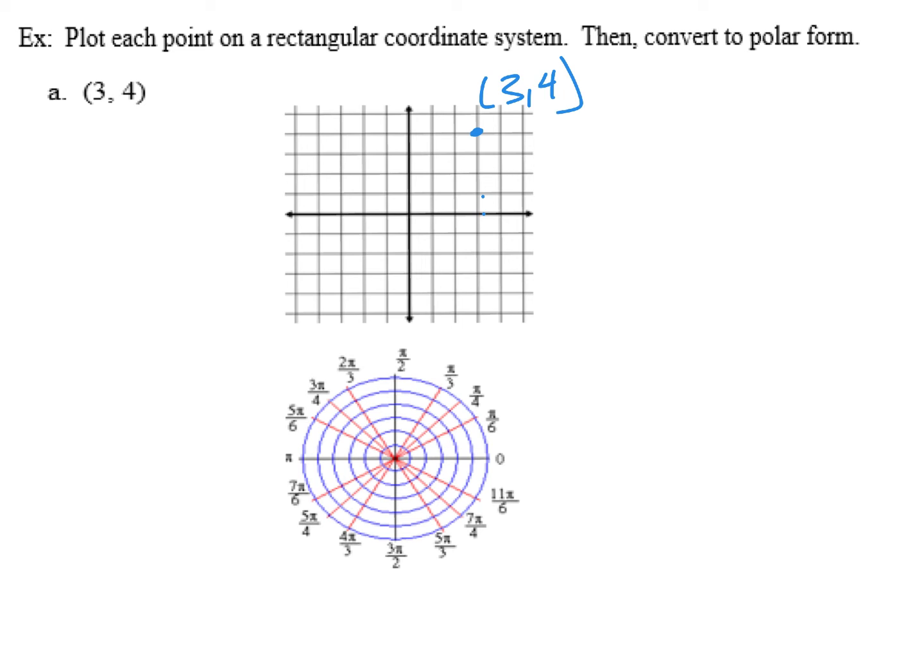Now, it's kind of weird to put polar coordinates on rectangular coordinates, but I'm going to do that in a minute. This is saying go 3 to the right and go 4 up. What we're asking is, how far is the distance straight to get there? And what angle would I have to take if I were to take that distance?